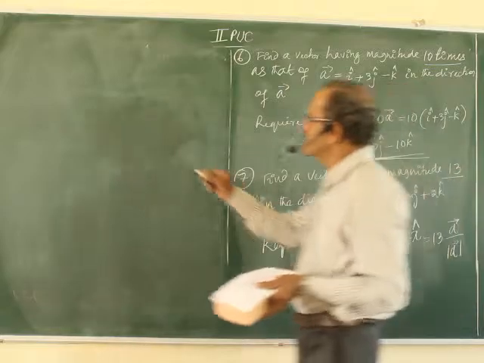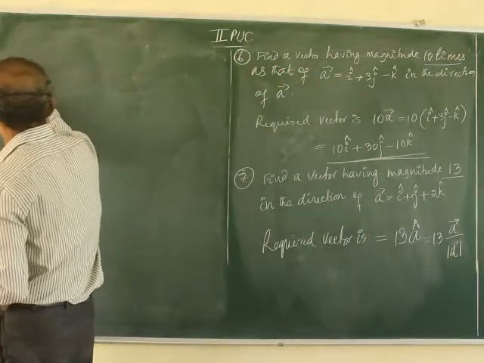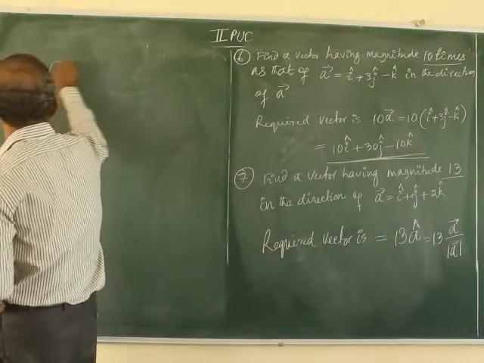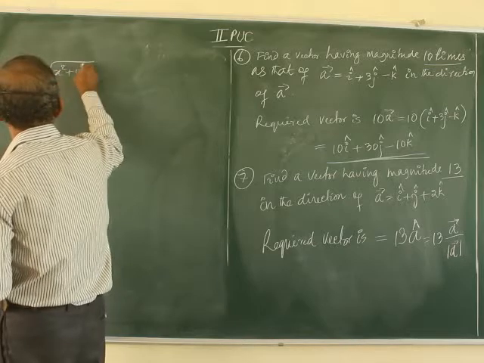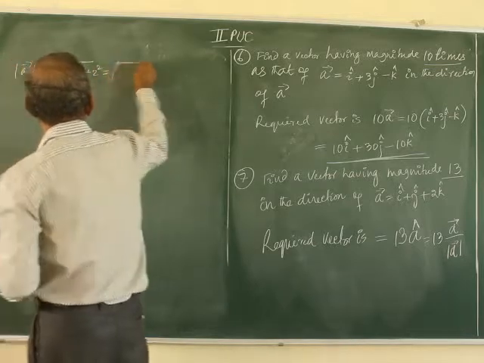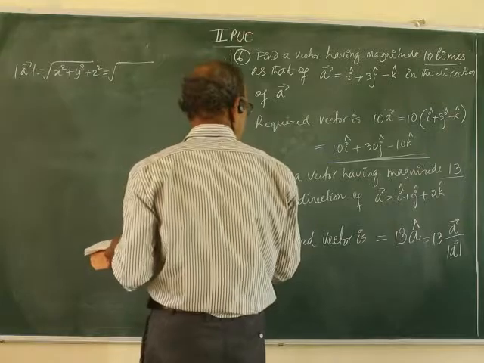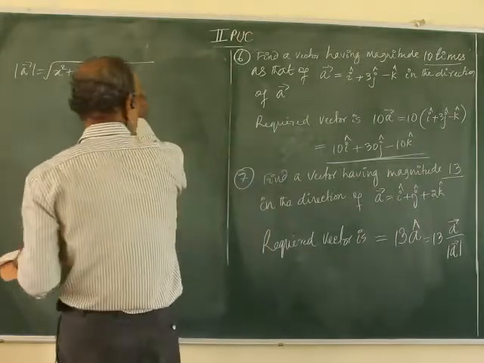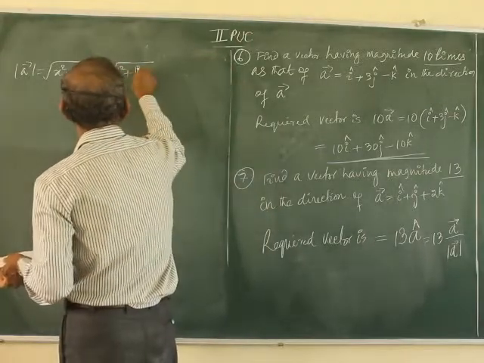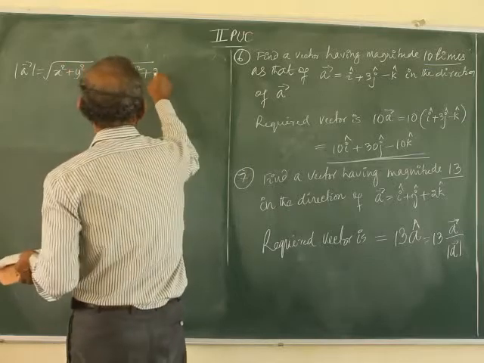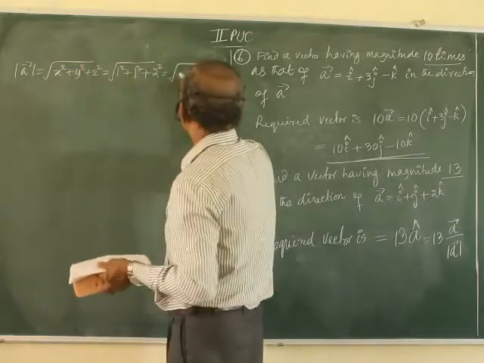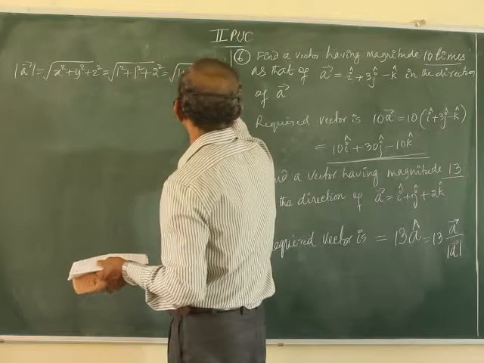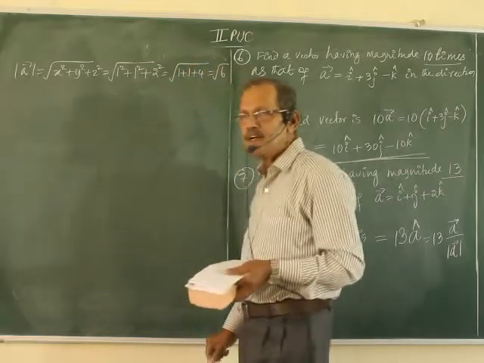So for that, better to write mod A equal to root of x square plus y square plus z square. In the given vector it is 1 square plus 1 square plus 2 square, that is 1 plus 1 plus 4, root 6.